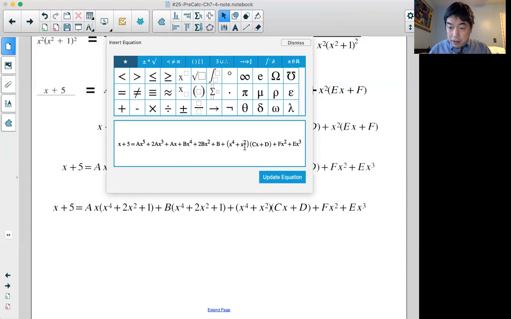Now this is a little bit tricky. You have to use FOIL here. x to the fourth power times cx is cx to the fifth power. I will look at this one so I won't make a mistake. The first one is x to the fourth power times cx, so cx to the fifth power.